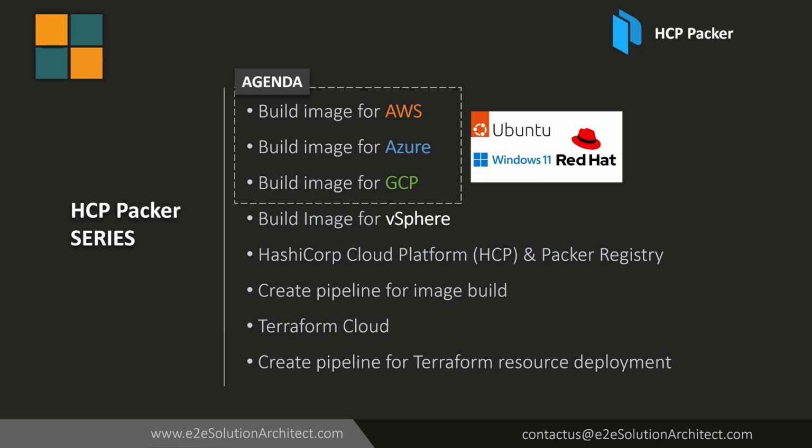At this point we have shown manually how we trigger this image build project, but we will be creating the pipeline for image building, and how we can use Terraform Cloud to create the Terraform pipeline to create cloud resources in multiple clouds using the image which we created by our HashiCorp Packer.